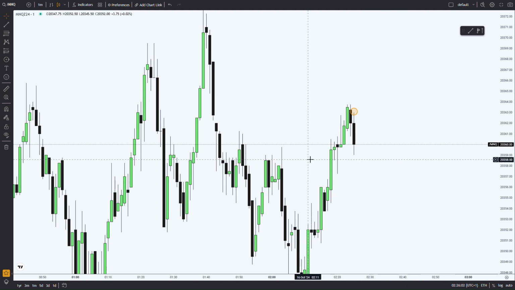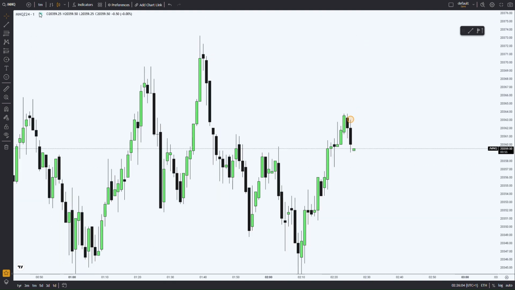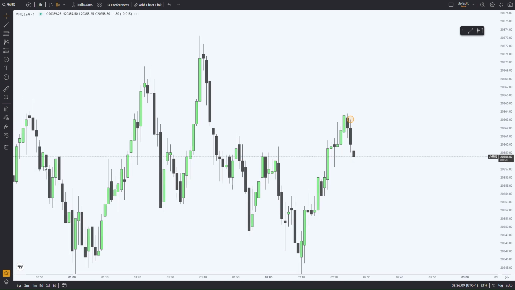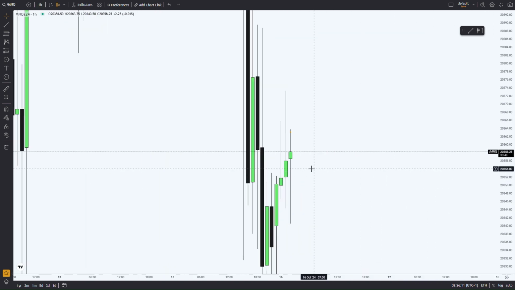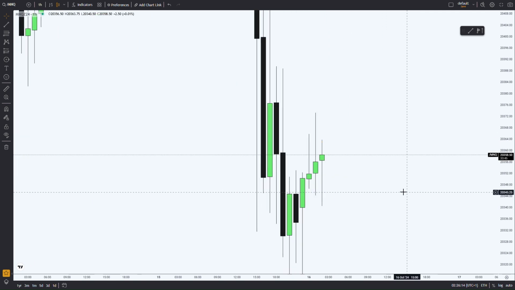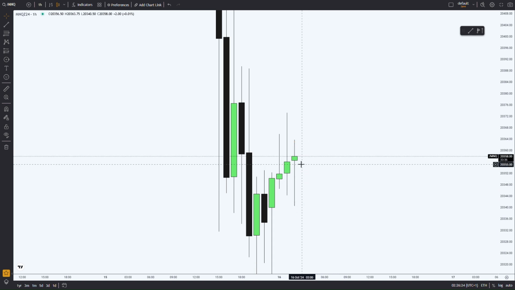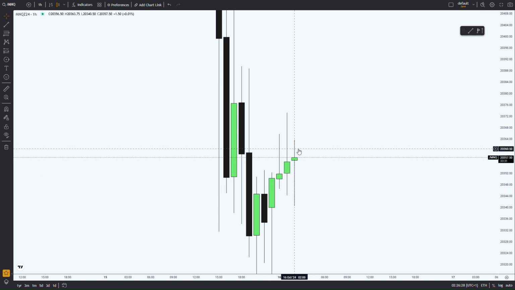If you are ever confused which time frame we are in, you can see here. If I change it to the 1 hour, we'll see another candle that is moving much slower than the previous one, because this is a 1 hour candle. Of course, 1 hour takes more time to pass than the 1 minute. That's why this candle is slow.